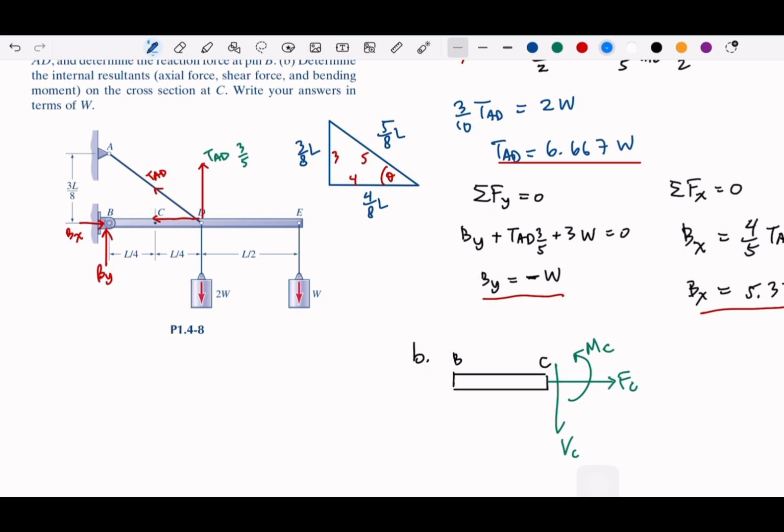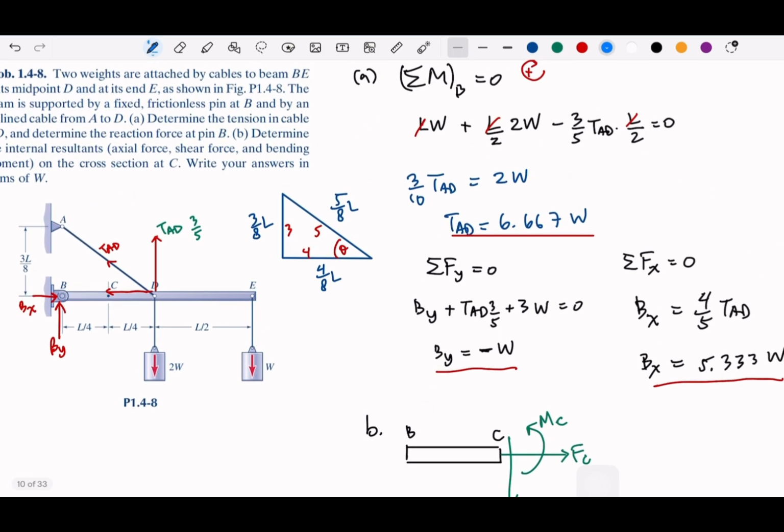I think I need to check this. Is this the correct answer? 6.666, 3.996W plus 3.